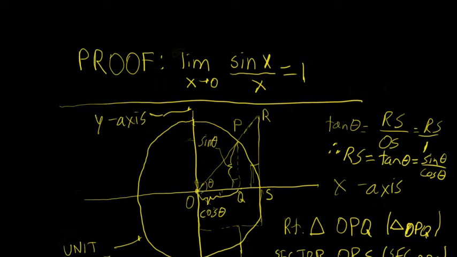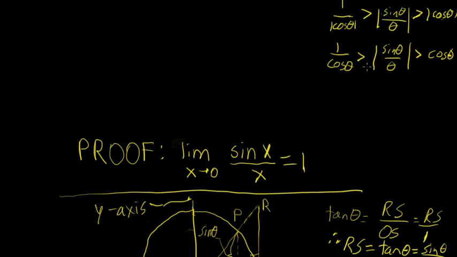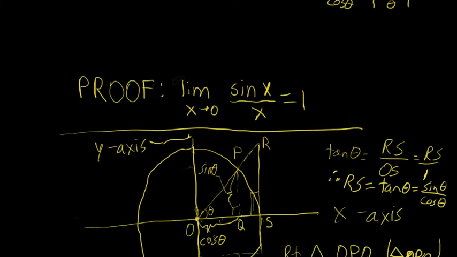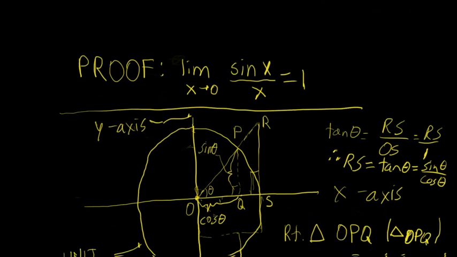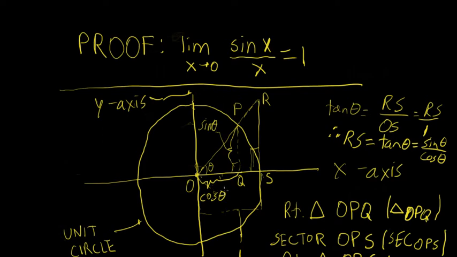If we're restricting ourselves from negative pi over 2 to pi over 2, which is a reasonable assumption because we're looking close to theta equal to 0, then sine theta is positive when theta is positive, and sine theta is negative when theta is negative.